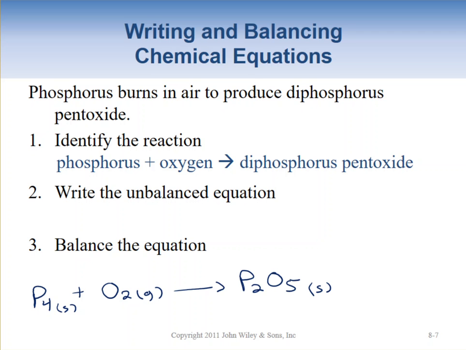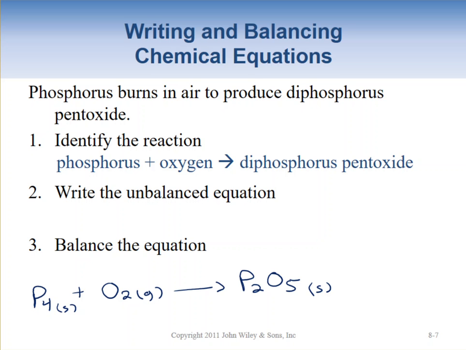So the first step is writing the chemical equation, identifying what the reactants and products are. Now after we write the chemical equation, we want to balance it. Remember, for the law of conservation of mass, the number of atoms on each side has to be the same. Since we don't know exactly how much of each substance we're using, we look at the number of atoms.